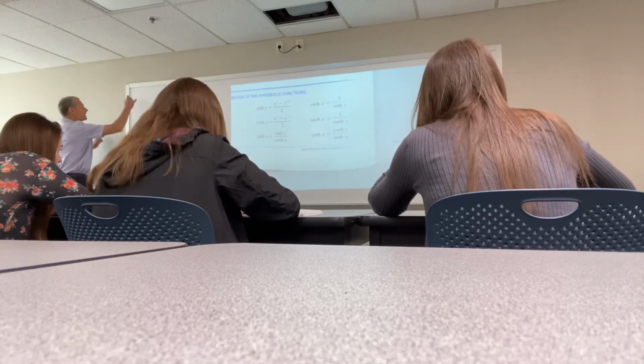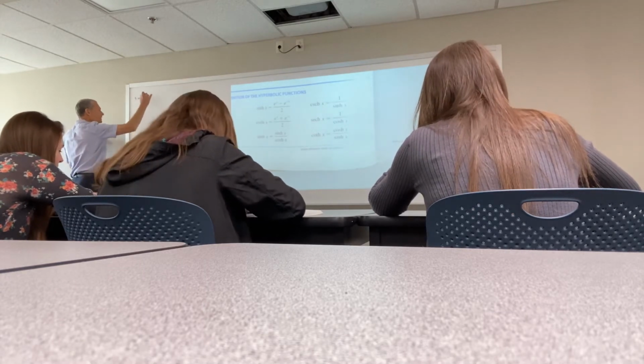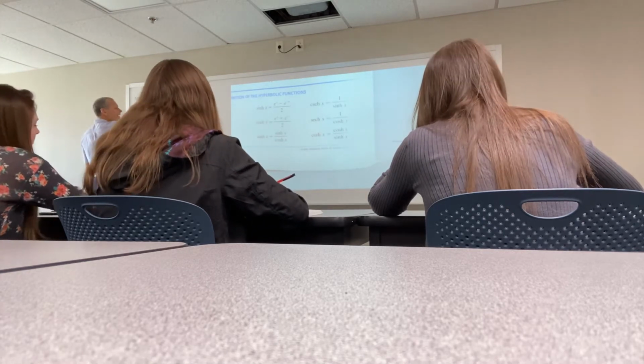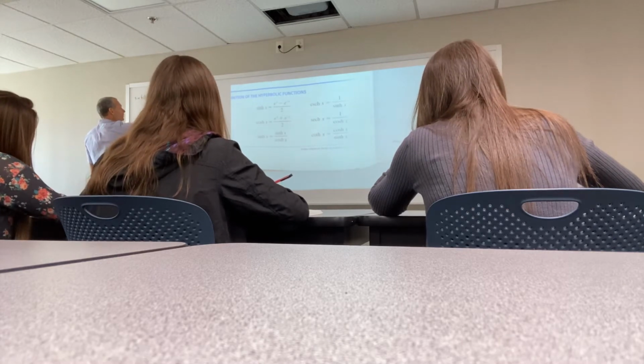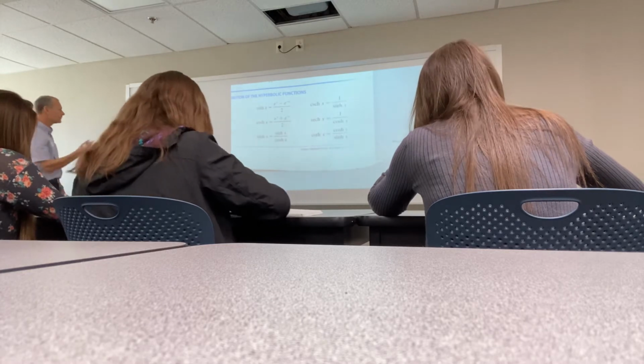So now I'm going to help you with what I expect you to know for both homework and possibly a quiz. The hyperbolic sine has a totally new definition. It's nothing like the normal sine, but it involves a difference of exponential functions over 2.